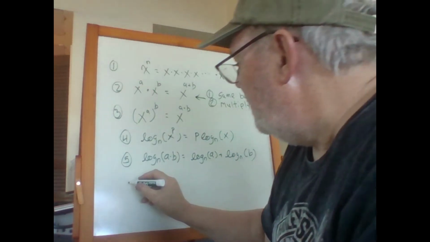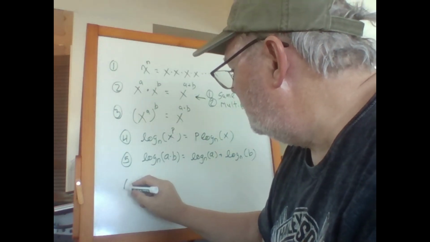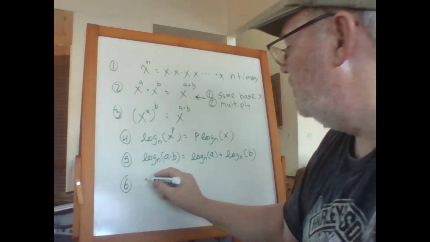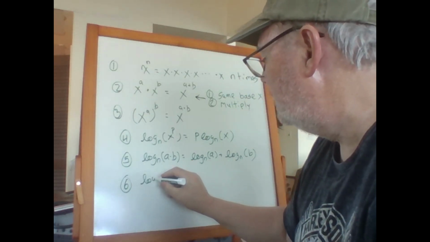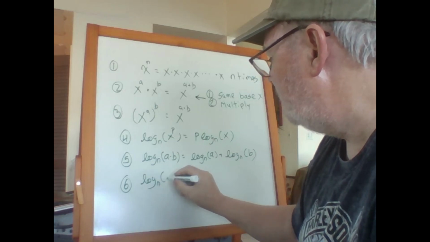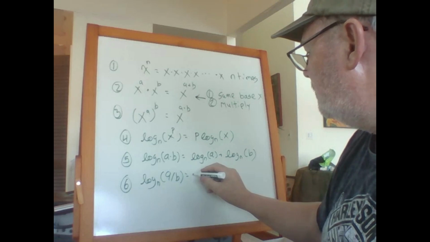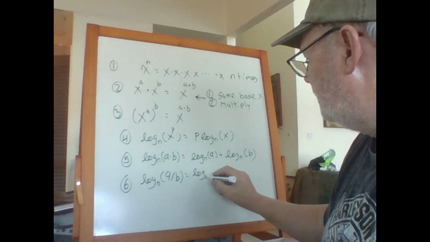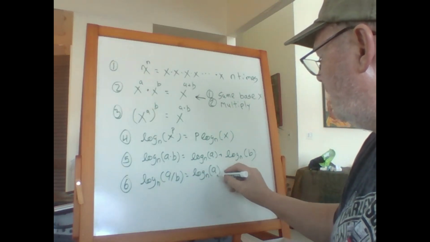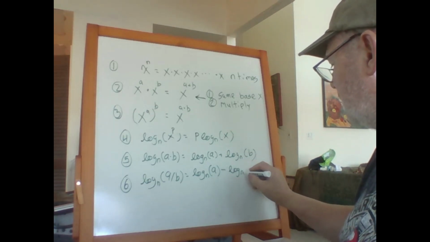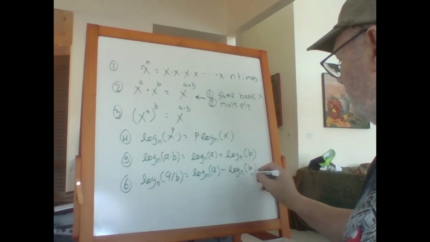And finally, our last rule, number 6, that we've considered so far is log base n of a divided by b, and that's equal to log base n of a minus log base n of b.